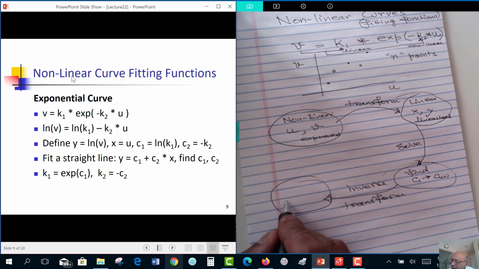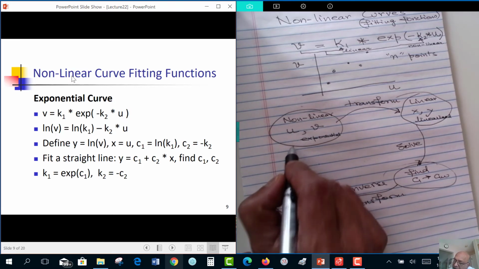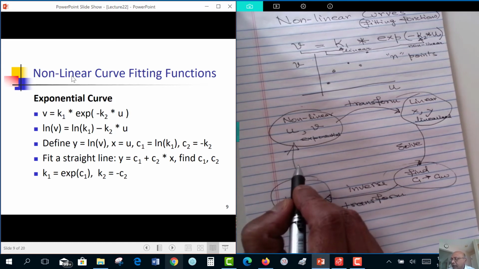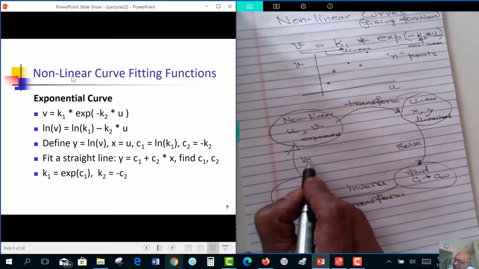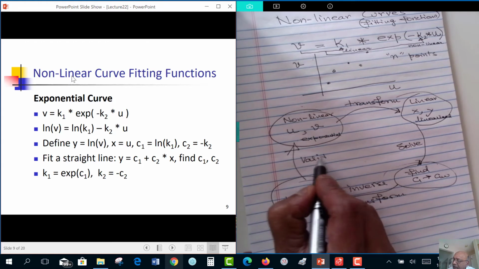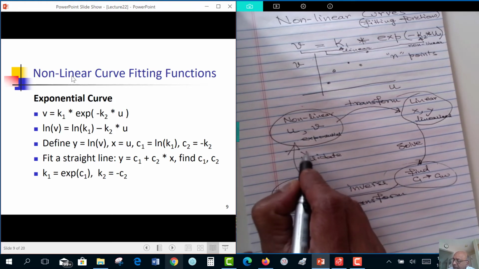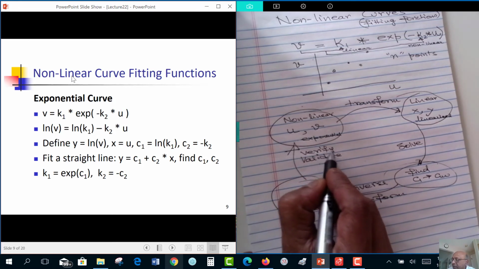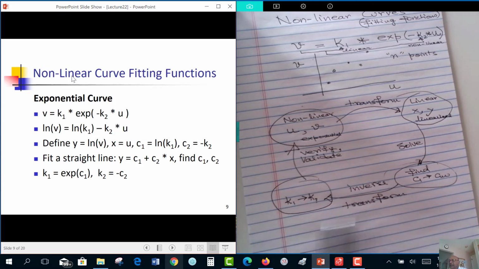Once we do the inverse transformation, we will get K1, K2, K3, and so on. So basically we have solved this problem. And then we just need to verify and validate that indeed our solution makes sense.